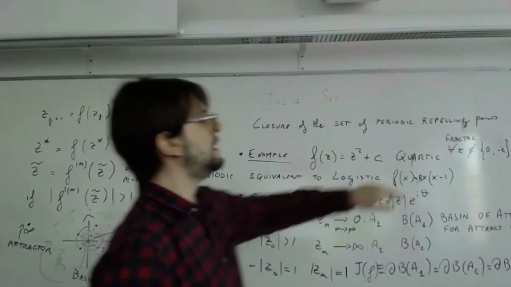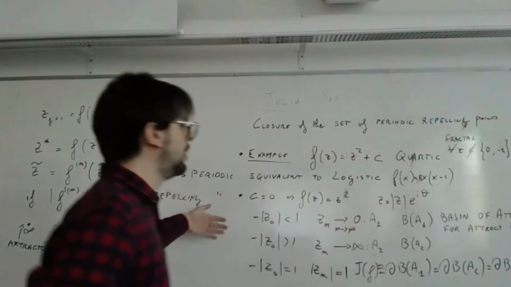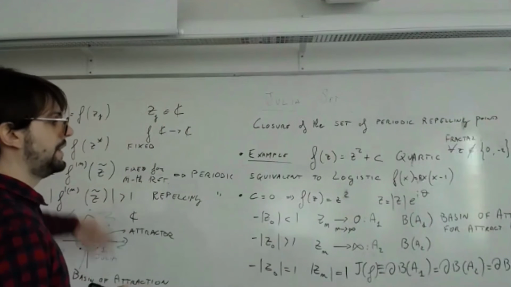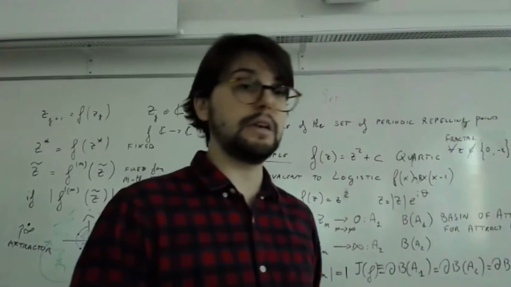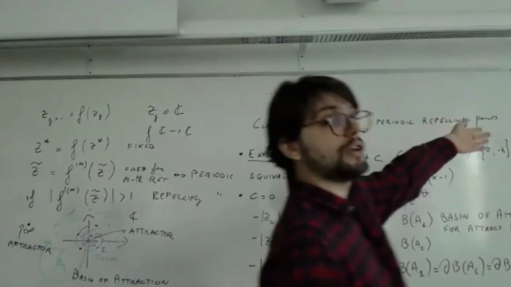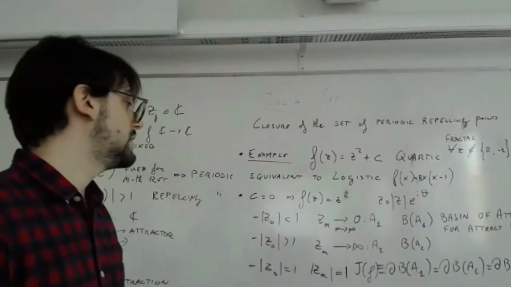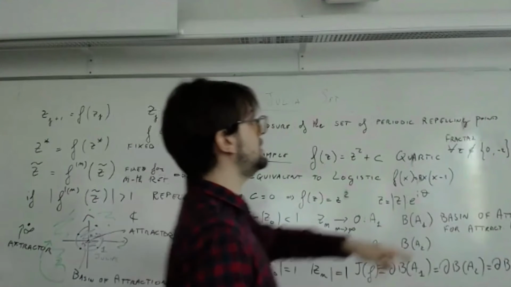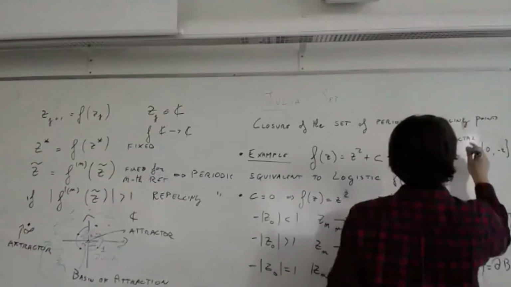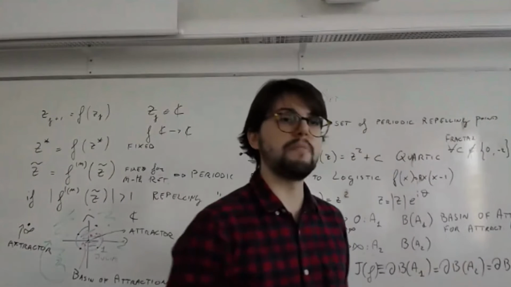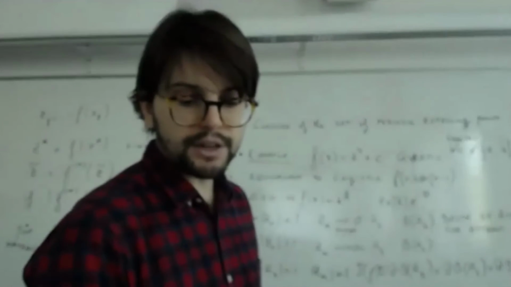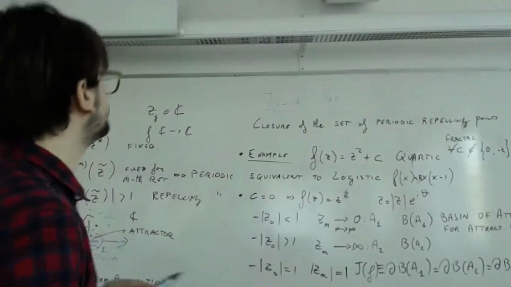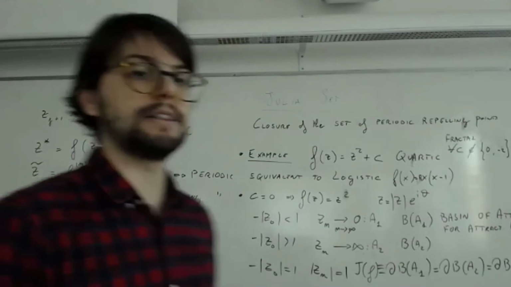If you pick 0, we just demonstrated the Julia set is very simple. It's not fractal, it's just the unit circle. If you take -2, you can also demonstrate that it's not fractal. But for every complex number C different than 0 and -2, you will find the fractal boundary.